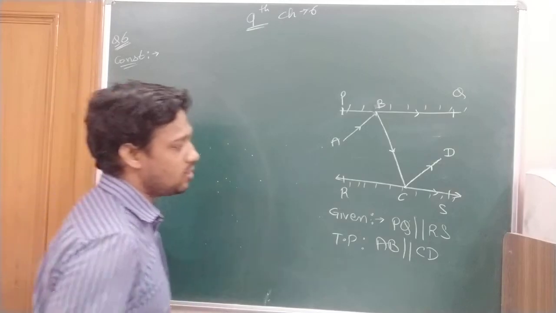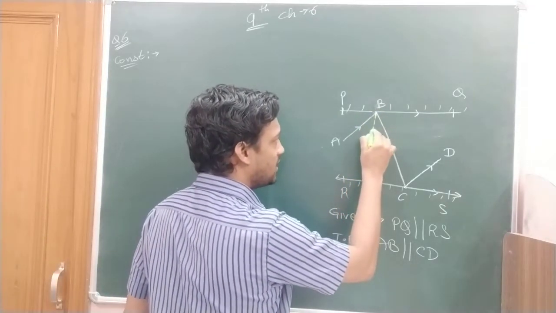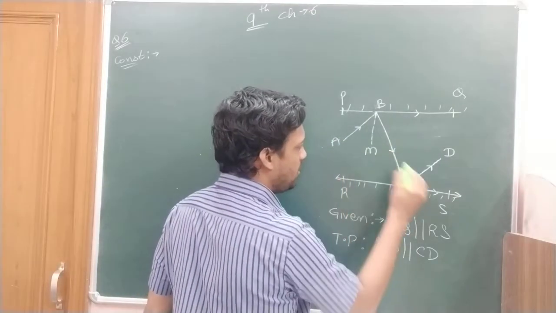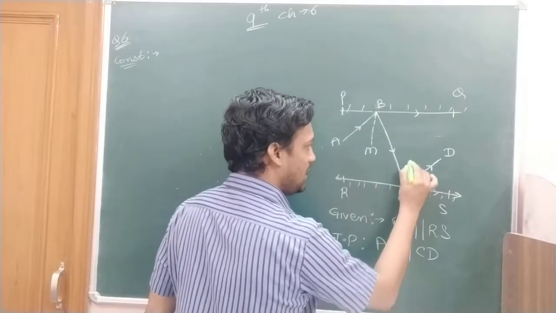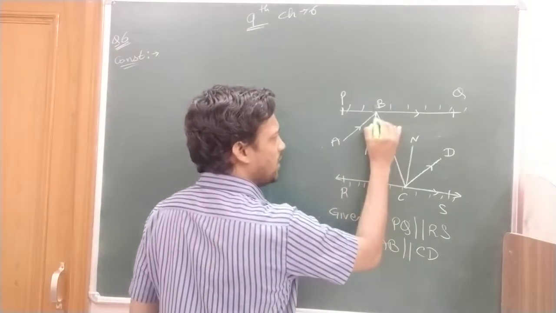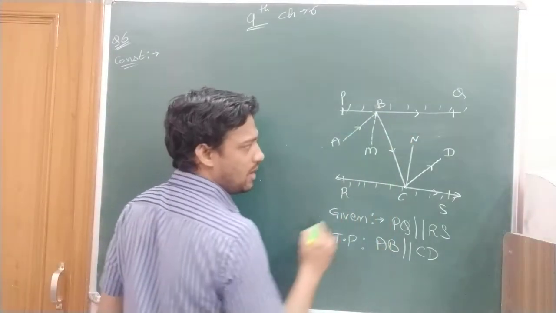Everyone knows that in science you have already read that there is always a normal to a mirror. Suppose this is a normal, this is point M, BM line normal to the mirror, and CN line which is normal to the mirror RS. Every normal line is perpendicular to the mirror.